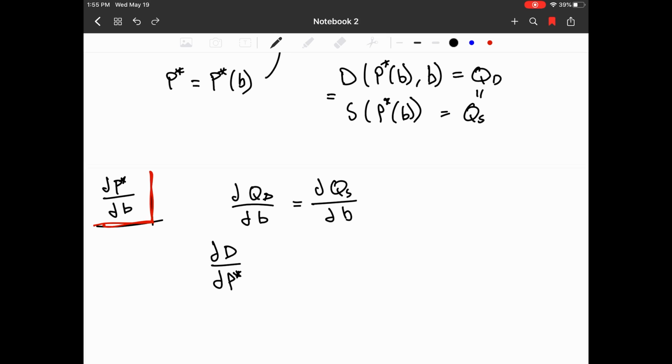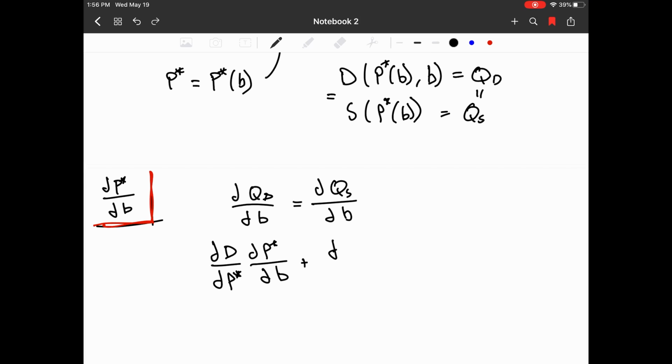But because p star is also a function of b, we have to multiply by the derivative of p star with respect to b. And because both inputs into the demand relationship depend on b, we also have to take the derivative of d with respect to the second input b.